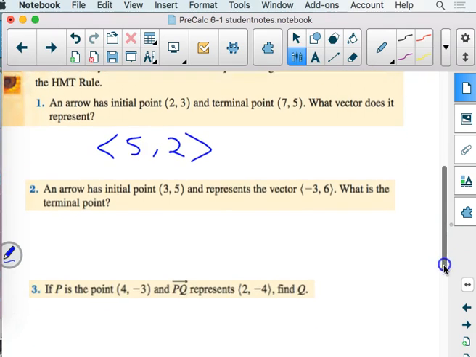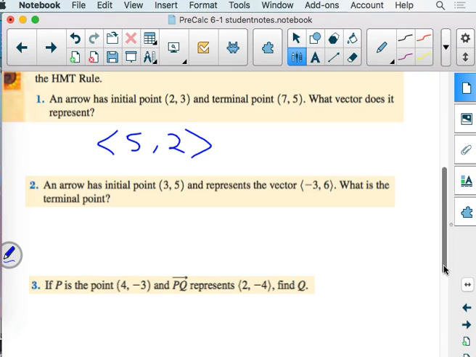The next one says, initial point was at 3, 5. This is what the component vector was. What was the terminal point? So they took some x and they subtracted 3, and they got a negative 3. And they took some y and they subtracted a 5, and they got 6.